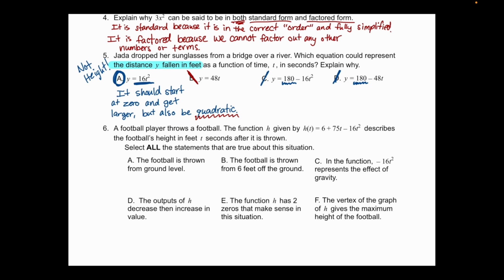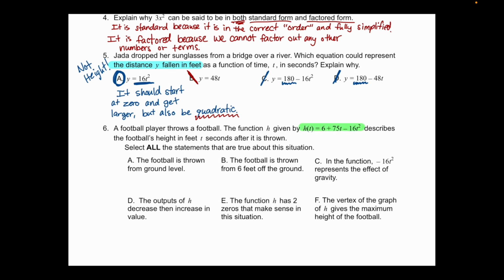Question 6 is our last question from this page. Then we'll flip over to the back. So a football player throws a football. The function h is given by, now I'm going to highlight this because I always like to keep a good eye on my functions.